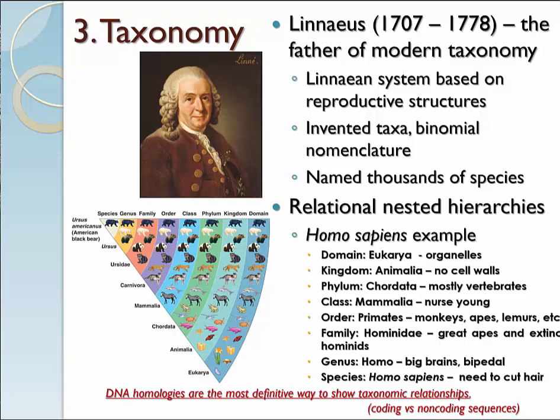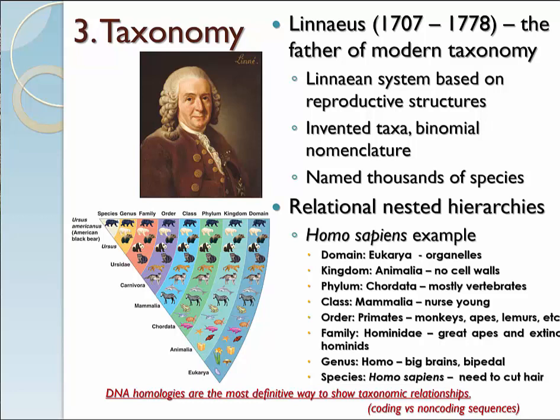So coding sequences, bottom line, don't change much. So if you're going to look for taxonomic relationships between individuals that are close, like within the same species, or maybe even between related species in genera, then you use non-coding sequences.